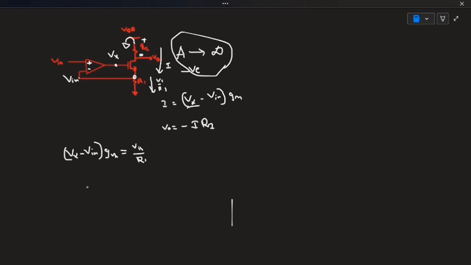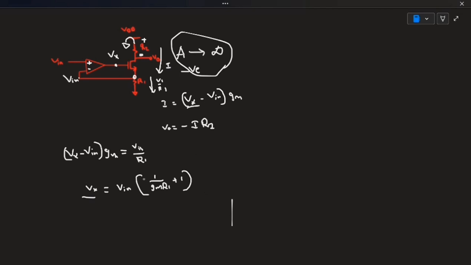If we rearrange the things, Vx can be equal to, multiplication and subtraction, so it will be Vn times (1 by Gm R1 plus 1). This is the equation we will get for Vx.